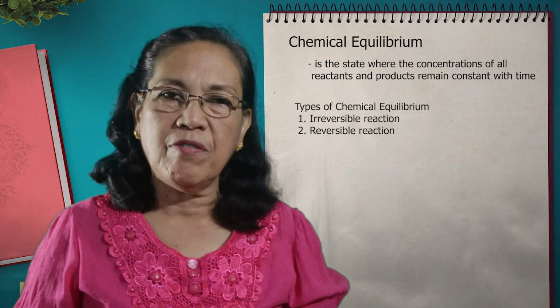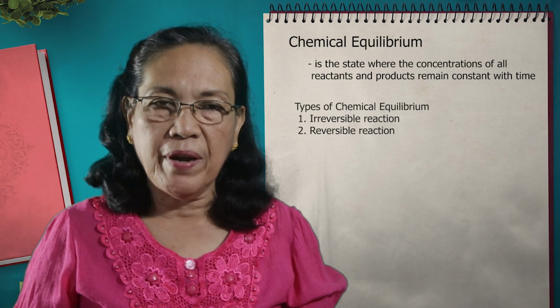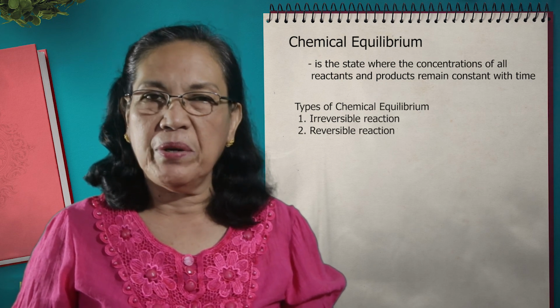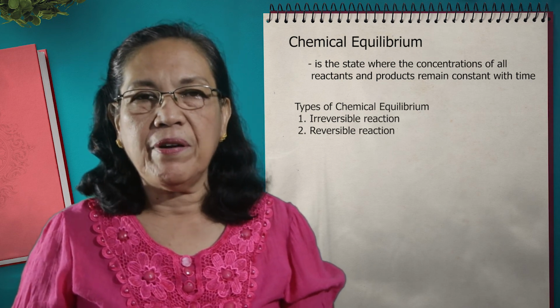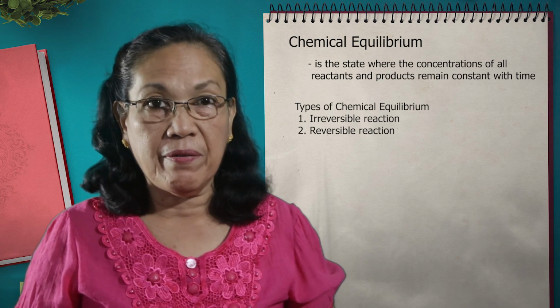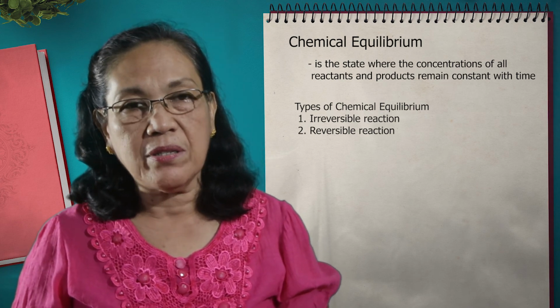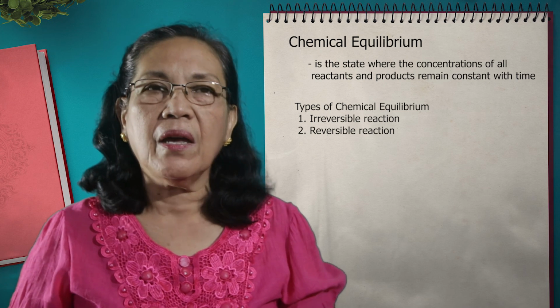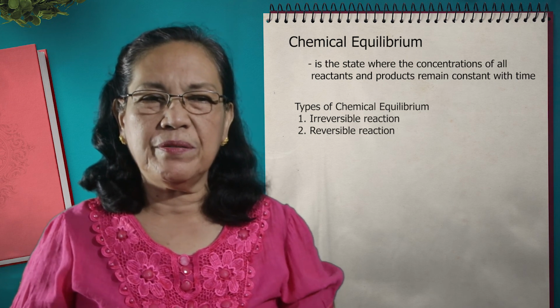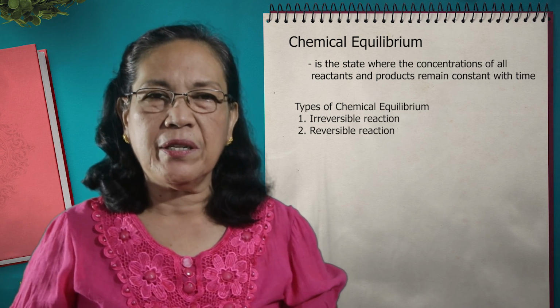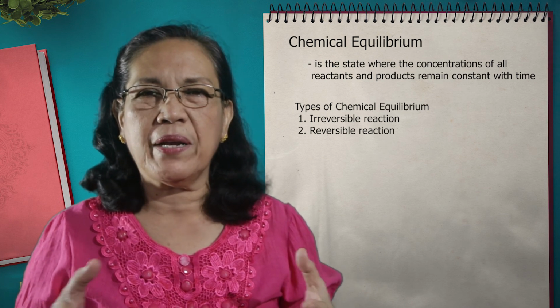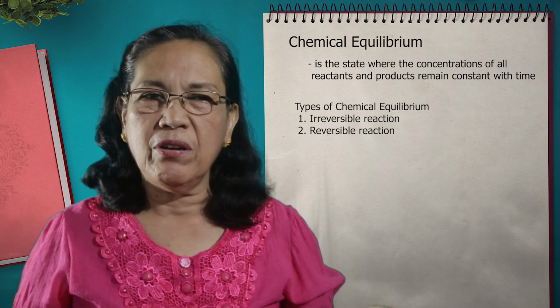The precipitate formed there is ferric hydroxide, from which you cannot get back the ferric chloride and the sodium hydroxide. So those are some examples of irreversible reactions, meaning these reactions will really go to completion and can no longer be taken back.